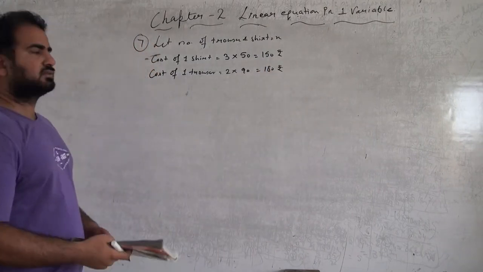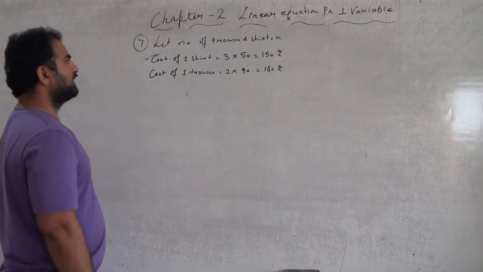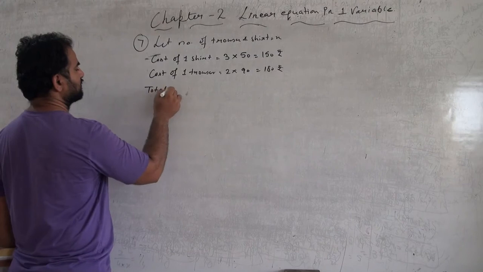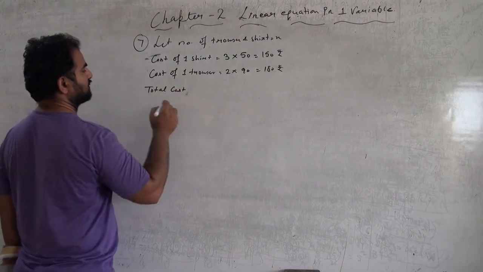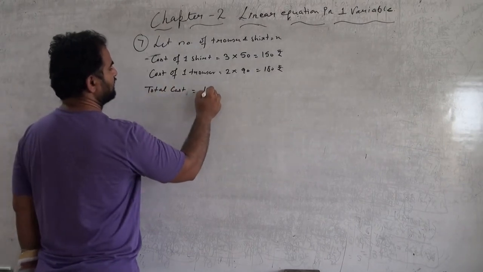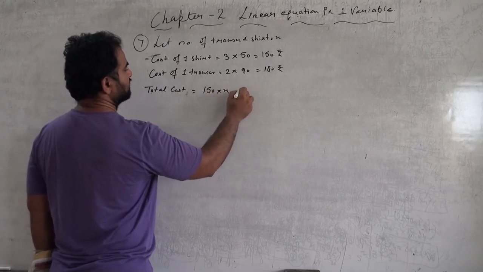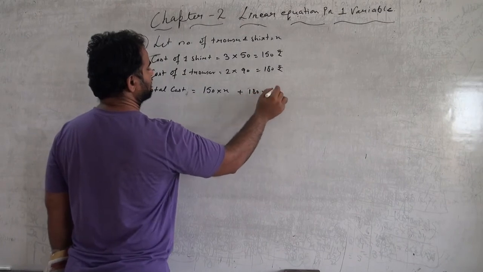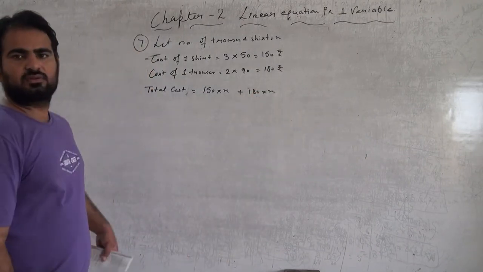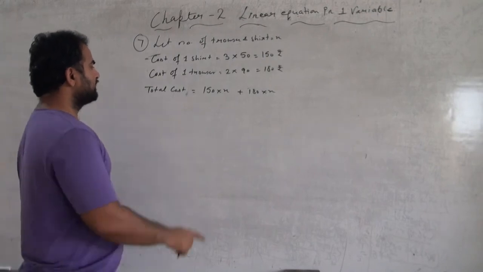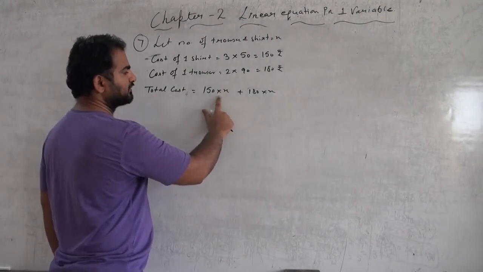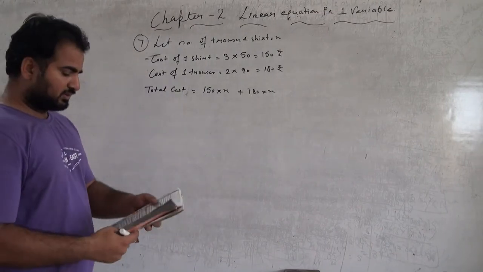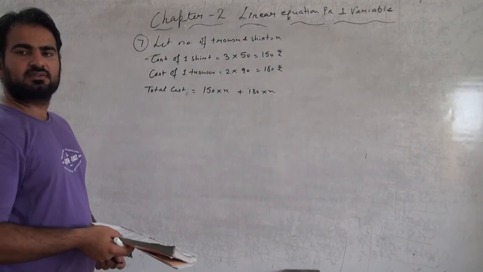Okay, so total cost for X number of shirts and trousers equals 150 multiplied by X plus 180 also multiplied by X. So what we have done is we got total cost of X number of shirts and X number of trousers, but the profit percentage is different.